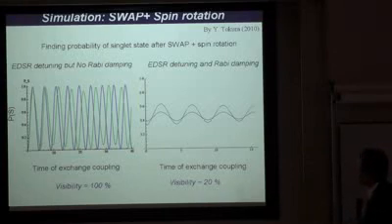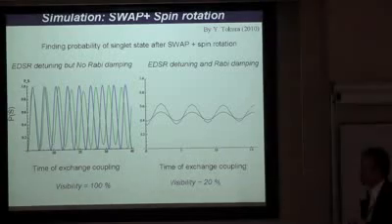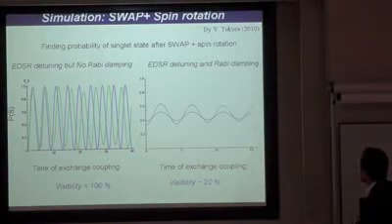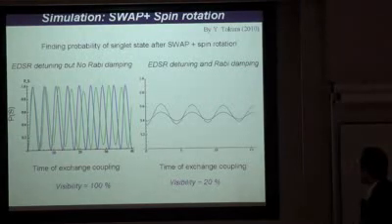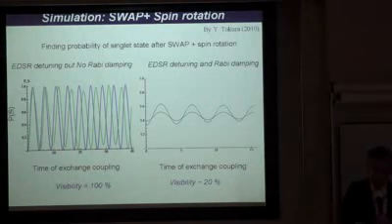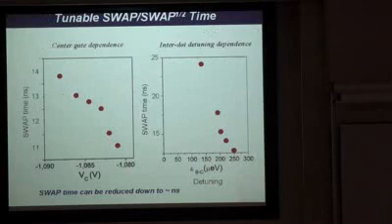If we assume just the mismatch of the Zeeman energy between two spins, but no Rabi damping, we can expect a visibility of 100%. But if we include the Rabi damping or dephasing, the visibility will be reduced down to 20%. The 20% is exactly the value we observed in this experimental data.